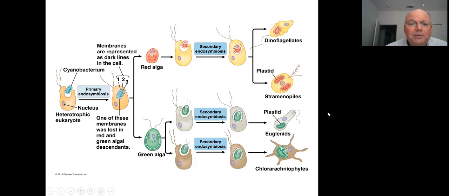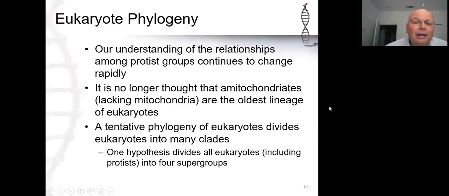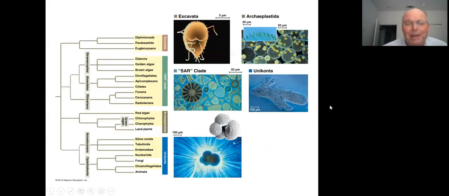So what does the modern phylogeny actually look like? Well, here is our best hypothesis of eukaryotes, which includes what used to be the protists. So anything that's highlighted in a yellow colored box is something that is derived from the Old Kingdom Protista.